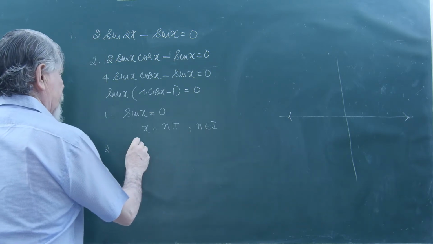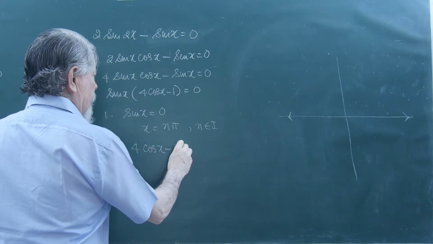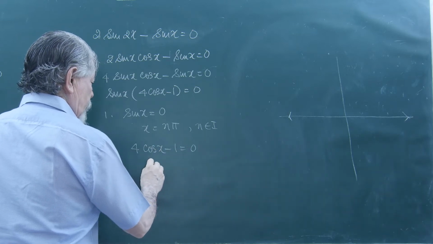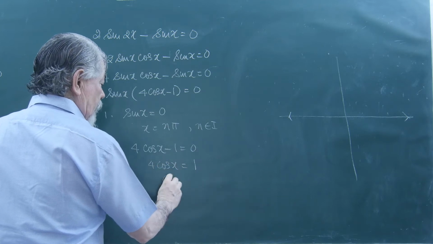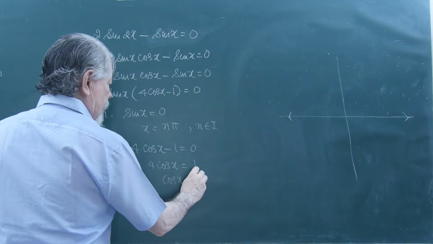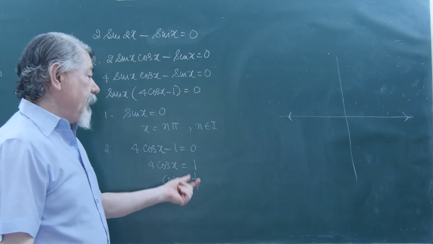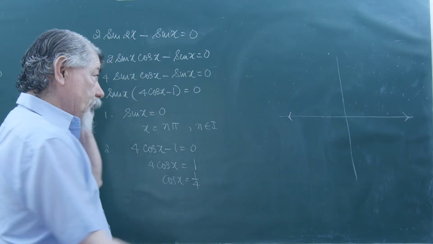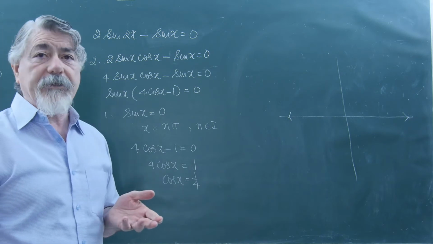Second part. 4 cos x minus 1 is equal to 0. So 4 cos x is equal to 1, or cos x will be 1 upon 4. Now if cos x or sin x or tan x comes in terms of the known angles, like here sin x is equal to 0, I could find the value of x.